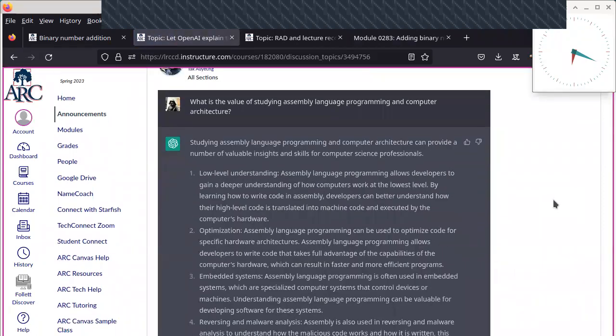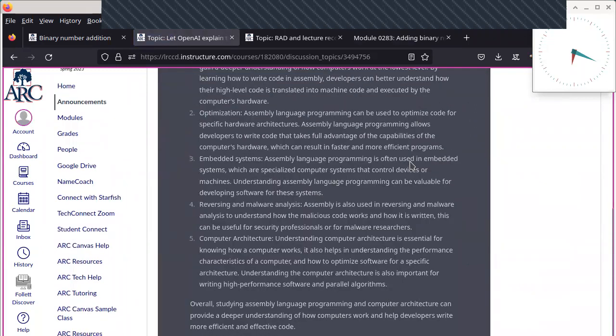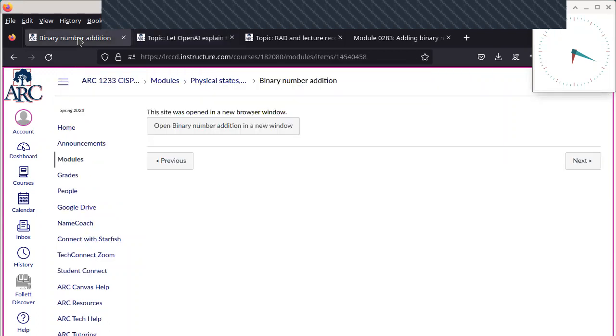So I asked the ChatGPT interface of OpenAI, what is the value of studying assembly language programming and computer architecture? And it gave me a pretty good answer. I just found it to be kind of interesting, and I think this class of all people really should keep track of OpenAI, ChatGPT and the progress of those things, because I think it will impact you, okay, one way or another. It doesn't have to be negative, it can be positive, but it will impact you. I'm too old, so I'm good.